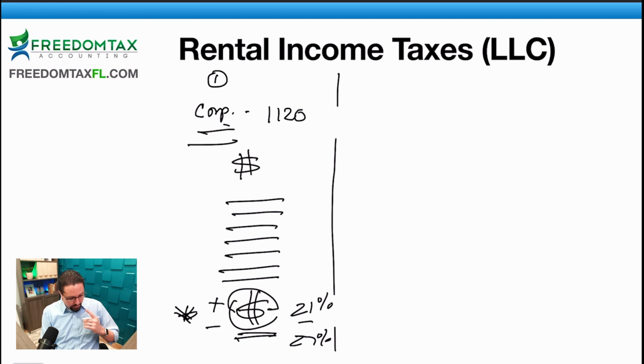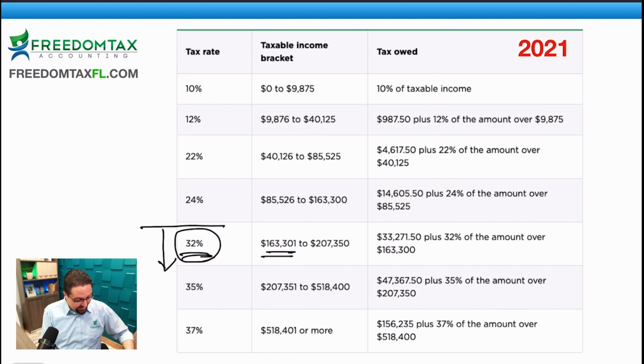Now, usually once a rental property business reaches this amount of net profit, you have a lot of properties, because it's very weird to have this amount of net rental income from a few properties.